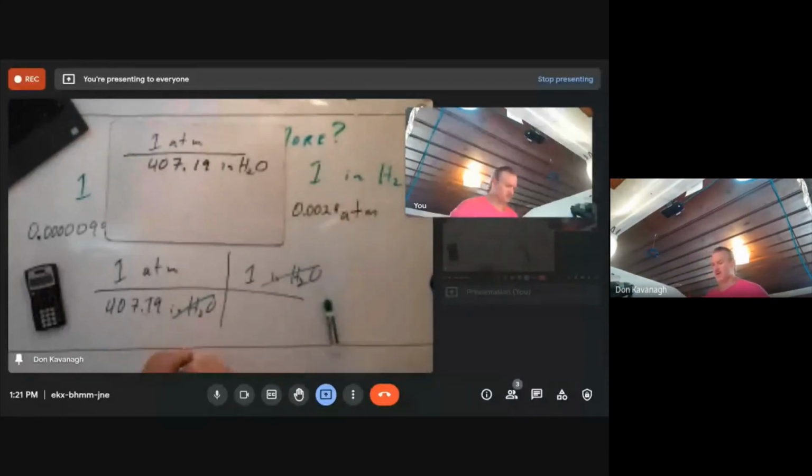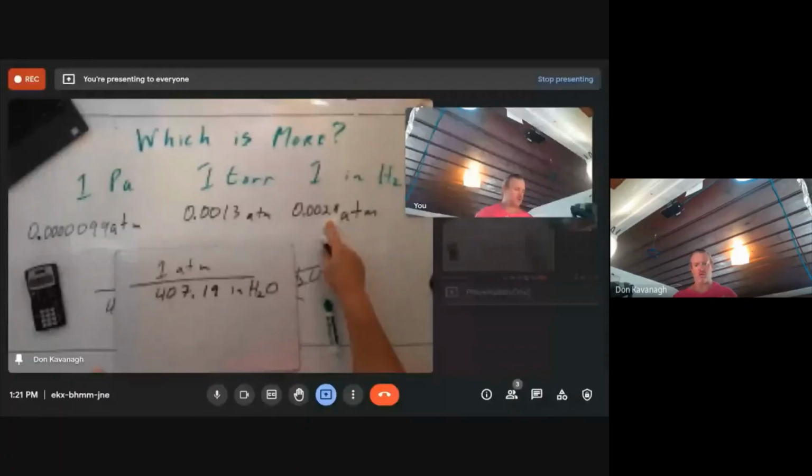So now, a change in pressure of 1 inch of water is larger than a change in pressure of 1 torr, and larger still than a change in pressure of 1 Pascal.